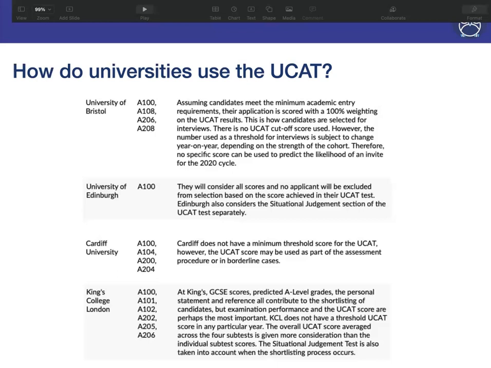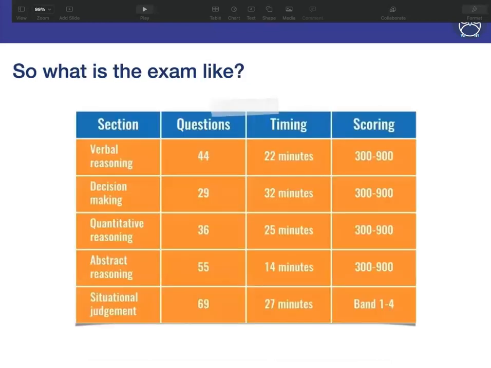But yeah. So what's the exam like? So here we go. You've got 5 sections, as you can see: verbal reasoning, decision-making, quantitative reasoning, and situational judgment. And the whole thing is really time pressured.